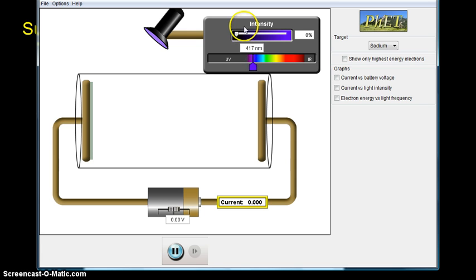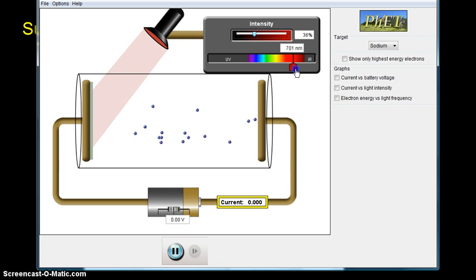So if I shine even a low intensity purple light on a piece of metal, as the light hits the metal, it causes electrons to be kicked loose, and that induces a current in a circuit that's made between them. And this happens even for a low intensity purple light.